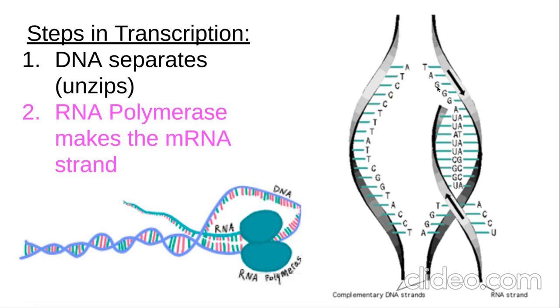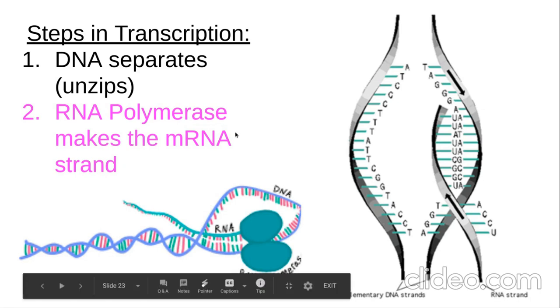Well, we're going to connect the matching letters, and we're going to make a new molecule that has the opposite letters of the DNA. So here we have a C. We're going to put a G because it's still the message. It's just the opposite letters. And it's this RNA polymerase, this enzyme, that makes this messenger RNA strand.